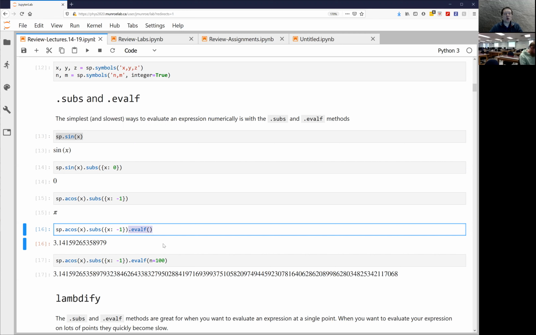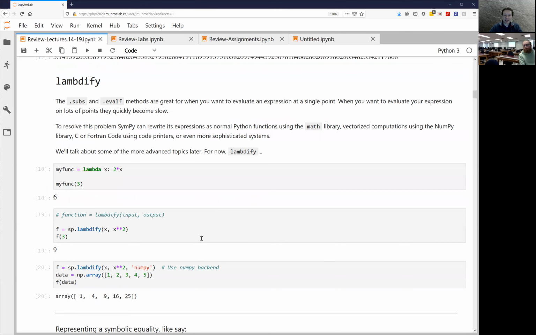If you want to evaluate it for lots of points, we can take any SymPy expression and turn it into a Python function. The way we do this is we use something called lambdify. The idea of lambdify is to take a function, like here is an example: my_func is the function that takes x and returns back 2 times x.